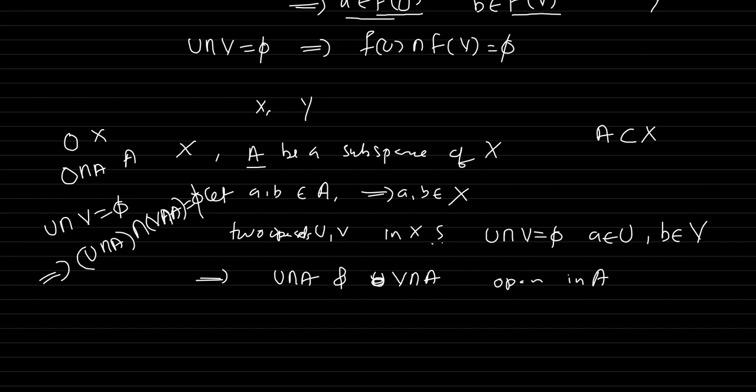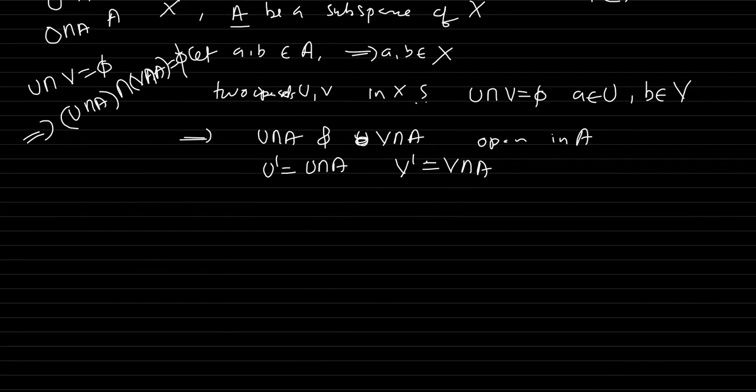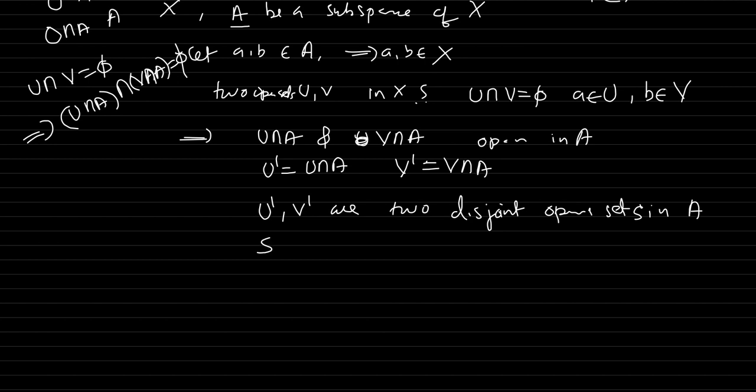So if U dash is equal to U intersection A and V dash is equal to V intersection A, then this implies that U dash and V dash are two disjoint open sets in A such that A belongs to U and A belongs to A implies A belongs to U intersection A, and U intersection A is equal to U dash.